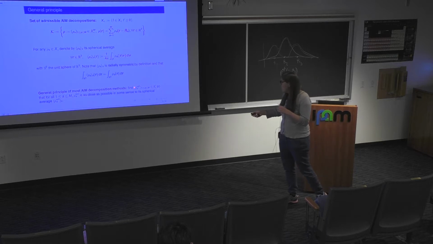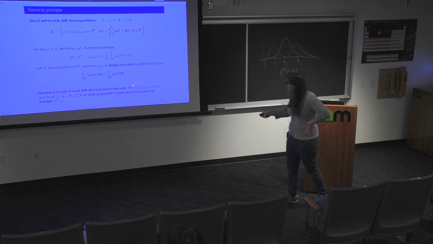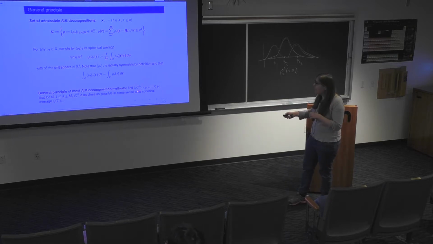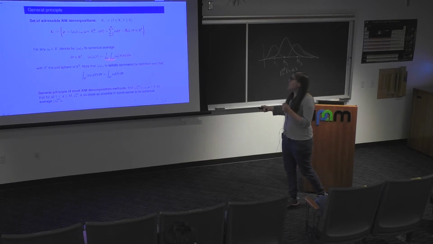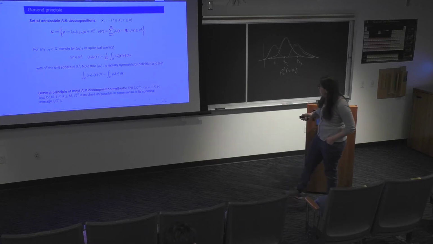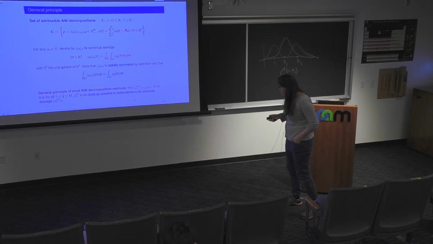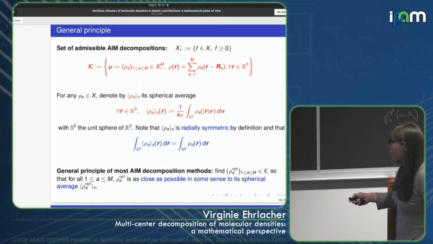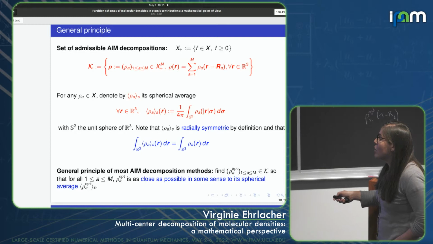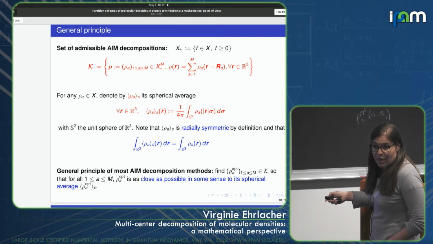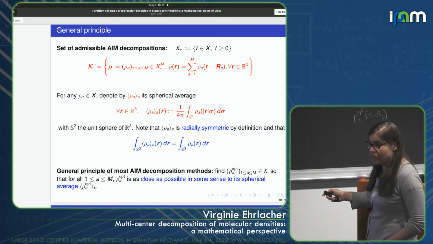So in this family of methods, you say, I want this rho A opt to be as close as possible to some radially symmetric functions, their spherical averages. Notice, however, that in general these rho A opt, these local atomic densities, will not be radially symmetric. They will be close to, but not exactly, radially symmetric.